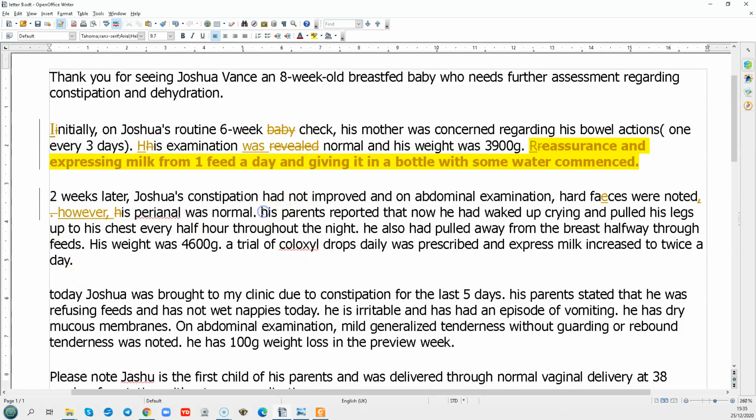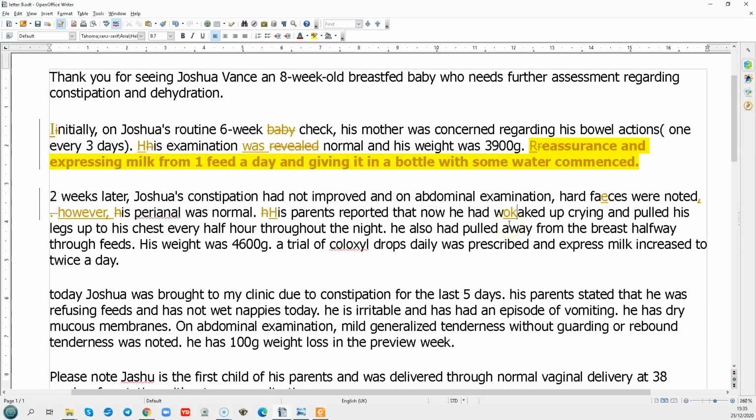Now, this is the bit where it seems to be copied. Now, he had waked up, he woke up. If it's simple past, he woke up. He had woke up crying. He woke up crying. So either he woke up crying, so half an hour throughout the night. Now, let's have a look.